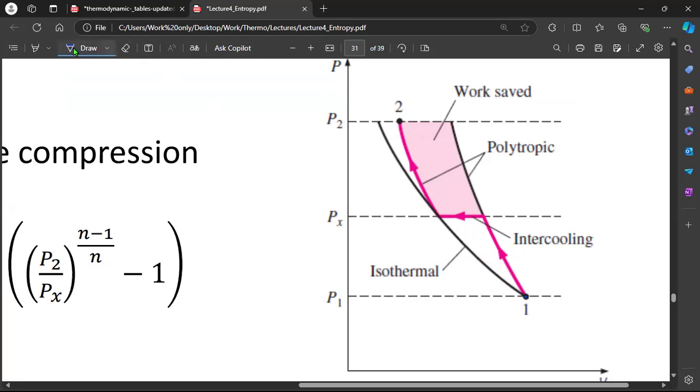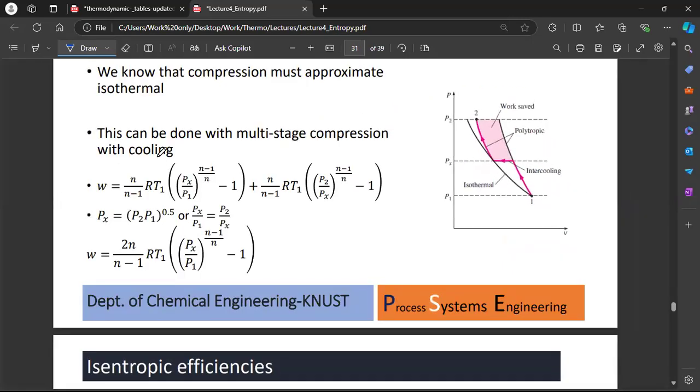If it was an isothermal process, it should have just been this black line over here. But we can make our system more efficient. If it was polytropic, it should have gone this way. So to make it efficient, we can compress it to Px. We can cool it, right, to the temperature where maybe it would have been isothermal. And we can compress it further to point two. So we can do things this way.